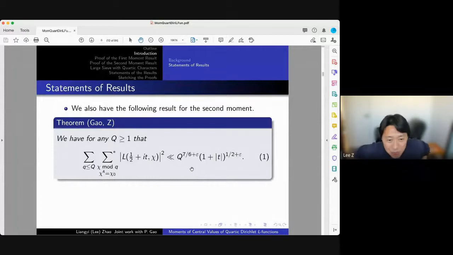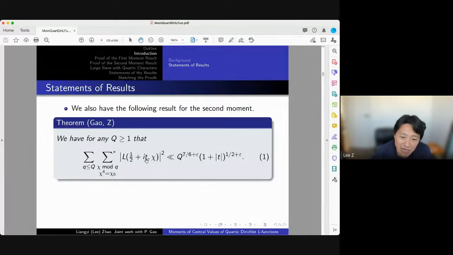And additionally, we also have the following second moment result. So, well, second moment means, okay, I'm squaring these L functions. So I'm looking at the average values of these L functions at 1/2 plus IT. And now I can actually look at the values of these L functions on the line real part of s is 1/2.